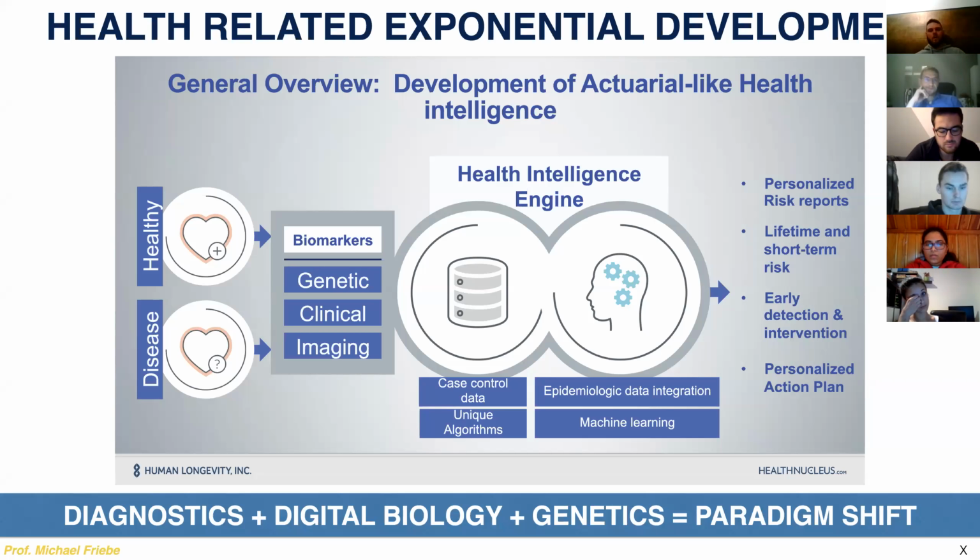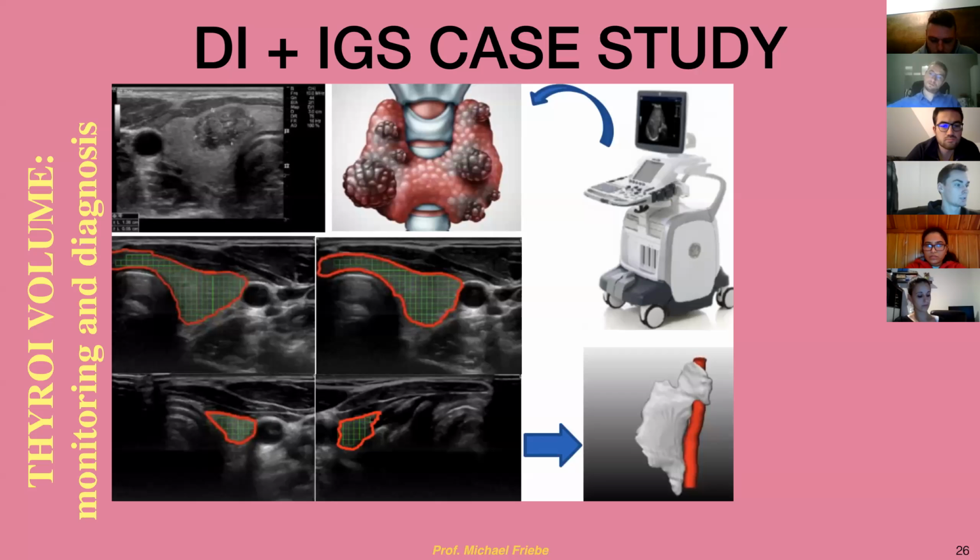If you Google that, you can actually sign up. I think it costs $5,000 or 10,000, I don't know exactly. A lot of rich people in California are signing up, and every 2 years they get a checkup and always new information about what came out of the data collection and data mining approaches. So I think this is what's going to happen.